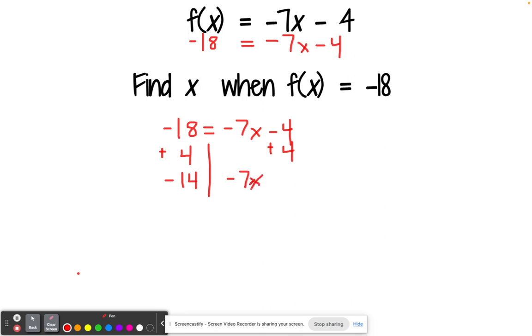Then I just need to divide by negative 7. My x will be 2. So my f of 2 will equal negative 18.